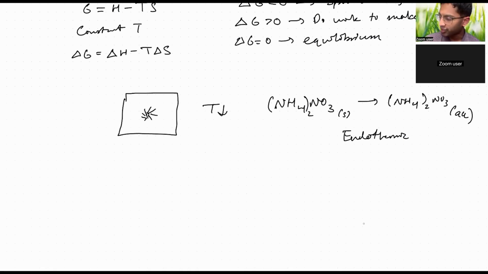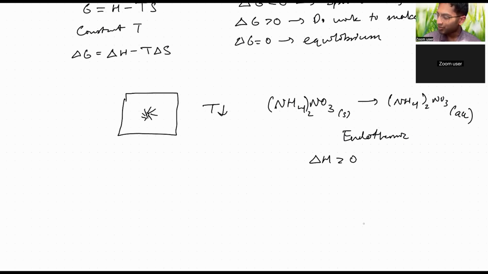So in this case, our delta H is positive. It's greater than 0, meaning the system absorbs heat from the surroundings and gets cold. Now, from the energy standpoint alone, obviously it looks unfavorable. It's not just going to happen. But if you've ever used an instant cold pack, you know that it actually does work. And that's because there's also a dramatic increase in entropy. We're taking a solid crystal and breaking it apart into ions moving in solution.